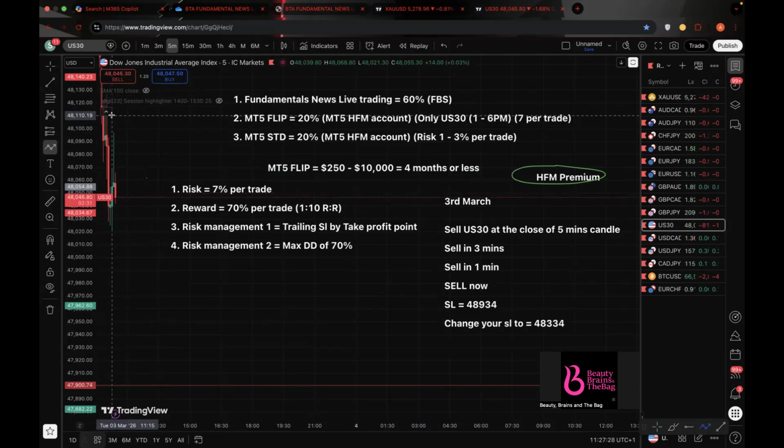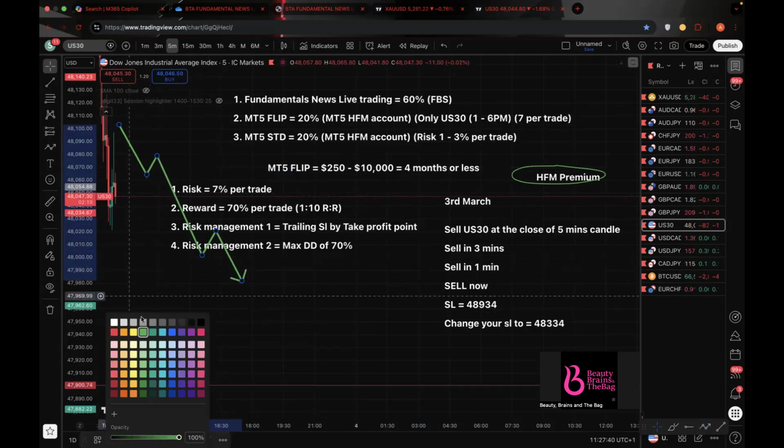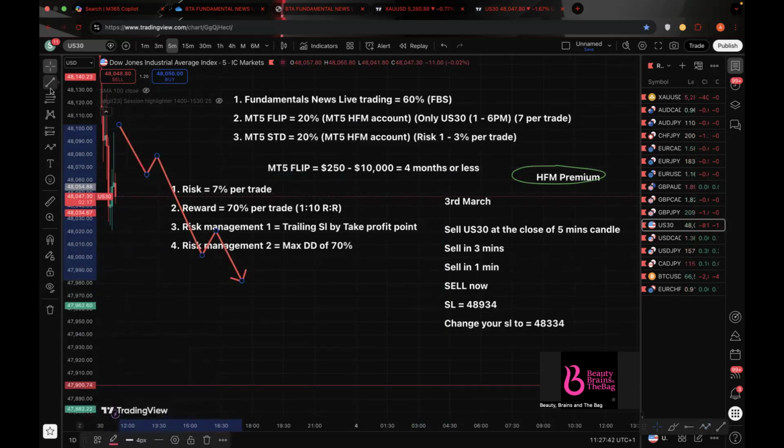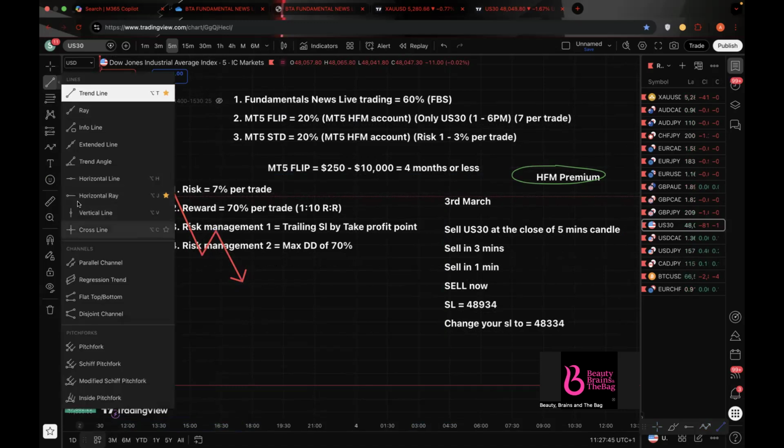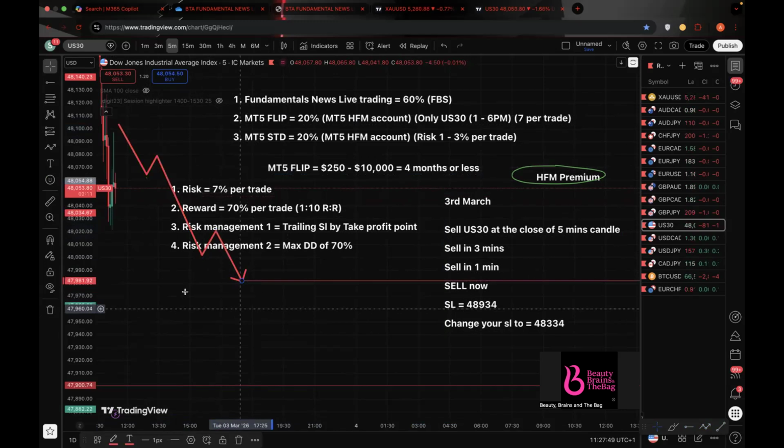So once I have a certain trigger for the sell, I know this market will be selling from here. So I'm going to enter a sell position. Let's say I enter a sell position at this particular point. The moment I enter, the market will be selling in my direction.